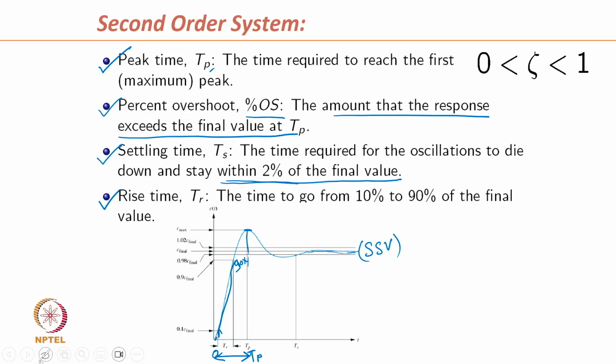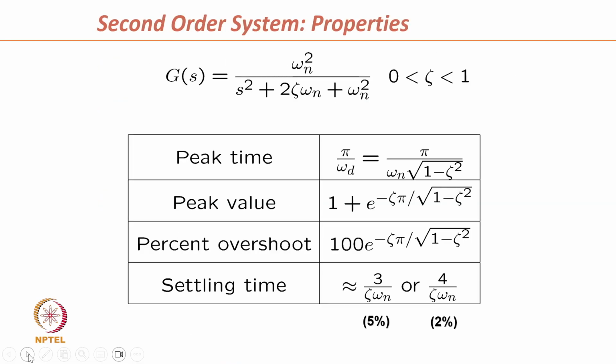So, these are some parameters which we can calculate, and the formulas for all these parameters are given here. If we have, let us say, the characteristic equation s square plus 2 zeta omega n s plus omega n square, then the peak time Tp is given by this equation.